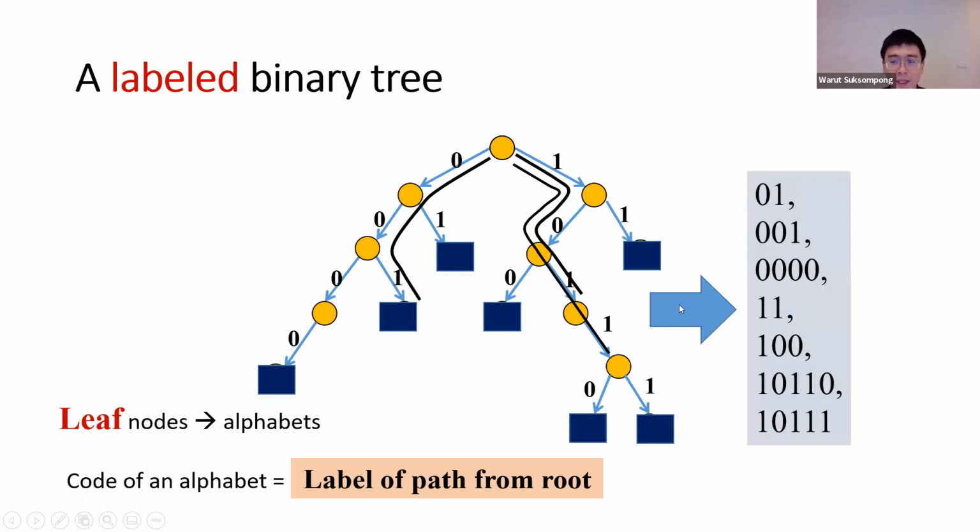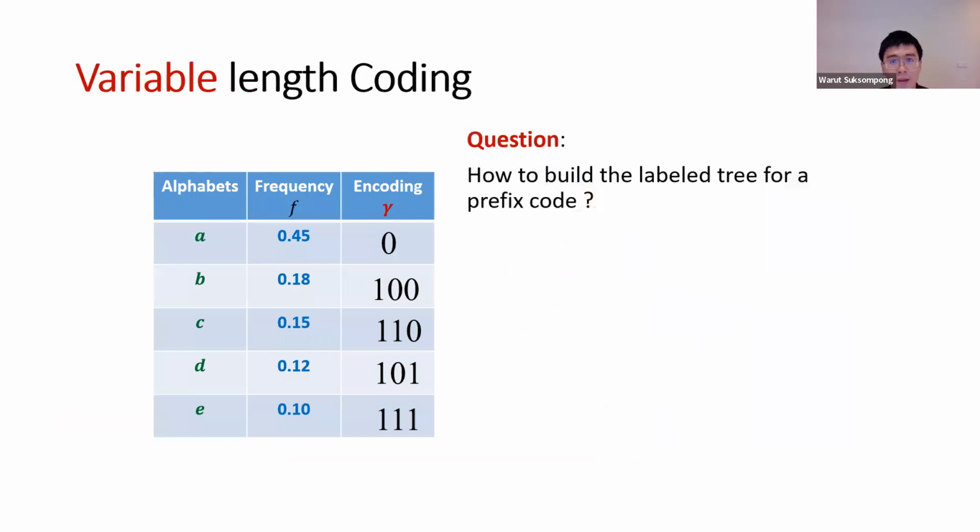With these vertices, we can get some labelings, some codes, like the leftmost is 000, and then we have 01, 001. You follow down the tree until you reach these leaves. But suppose you're given a prefix code, how can you build the tree? Suppose you're given the code that we mentioned for the 5-letter alphabet, how can you build the tree?